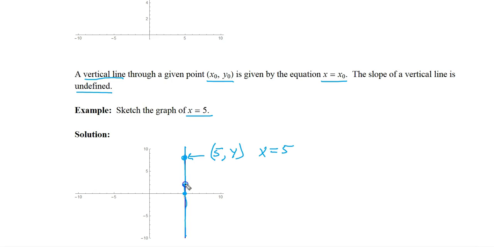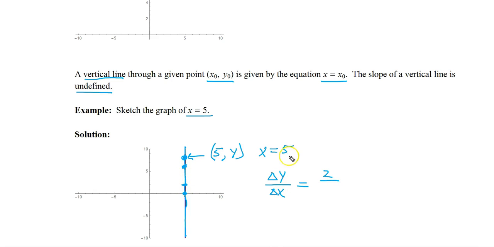say right there, and then I move up to this point, notice as we go from here to here, if we try to look at a change in y divided by some change in x as we move from this point to this point, the change in y is going to be some positive number, in this case, say it's 2 or whatever. But our change in x, it doesn't move.